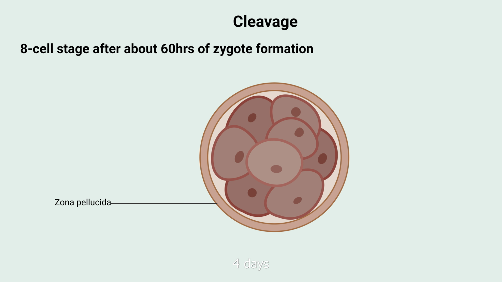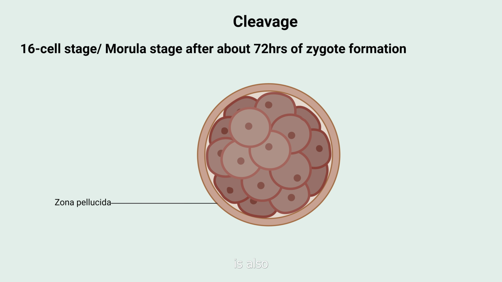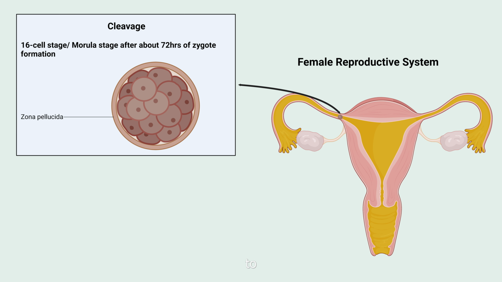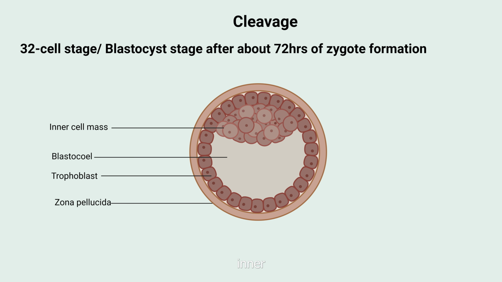After 3 to 4 days of zygote formation, the 16-cell stage is formed. This cell stage is also known as the morula. Finally, after 4 to 5 days, the blastocyst is formed, which is the 32-cell stage. This blastocyst is composed of the inner cell mass, the blastocoel, the trophoblast, and the zona pellucida.